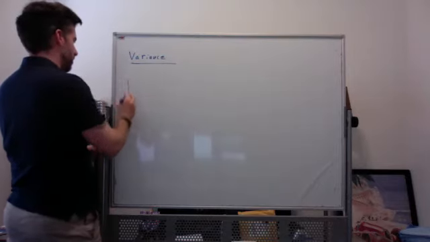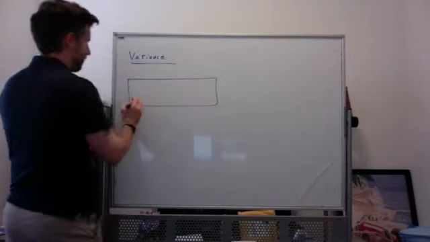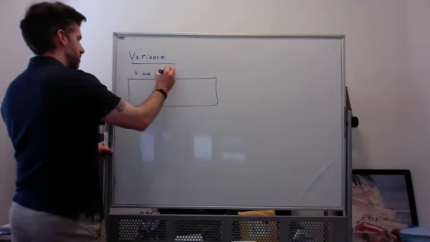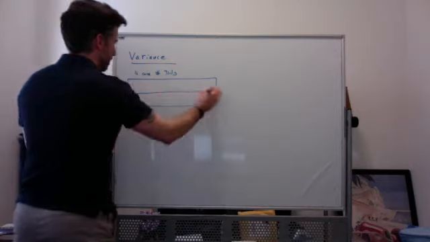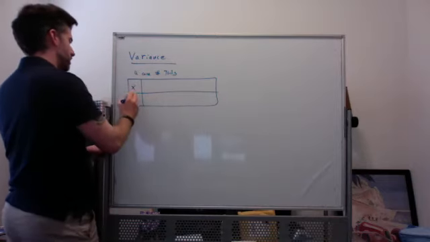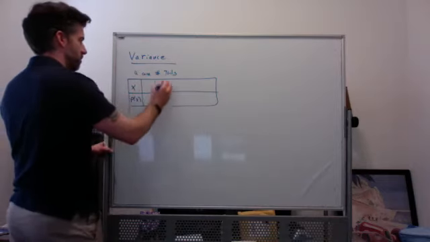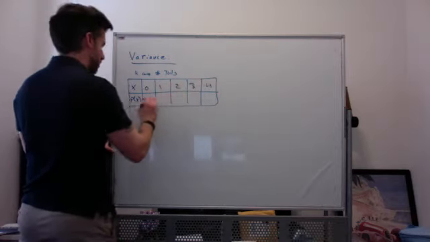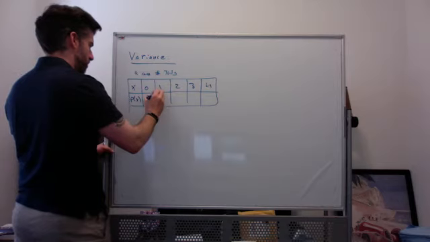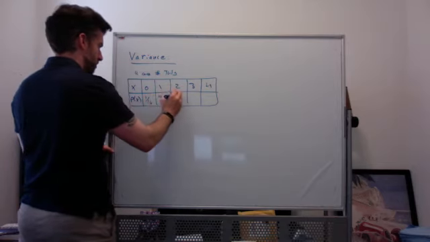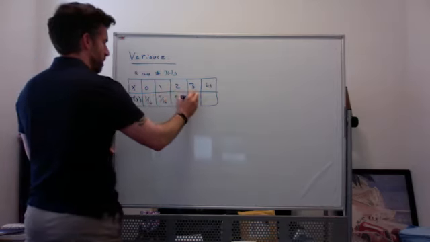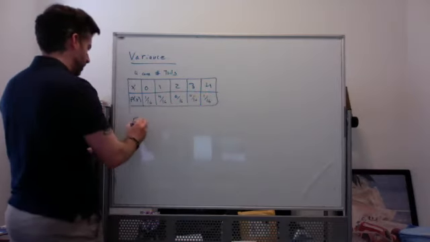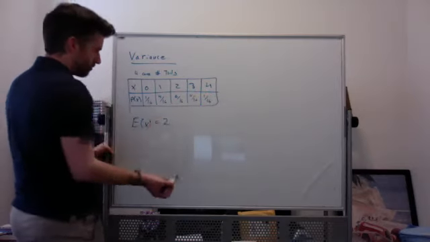For our coin example, we have this table with 4 coins, number of tails: x, p of x. And we found that the expected value was 2.